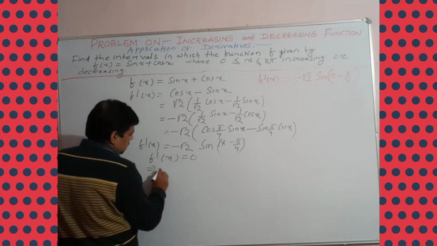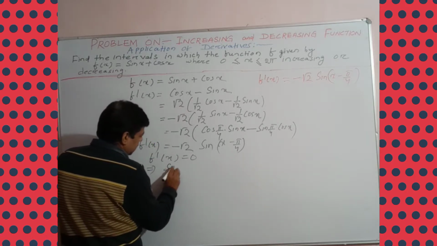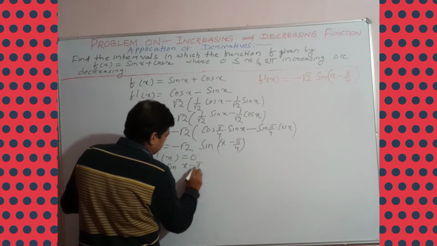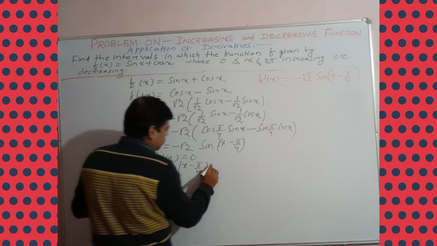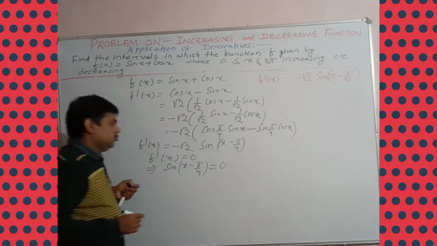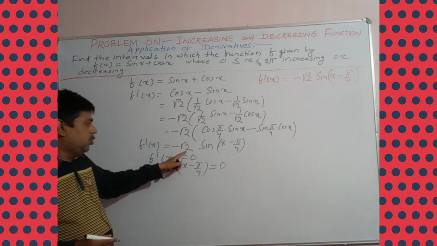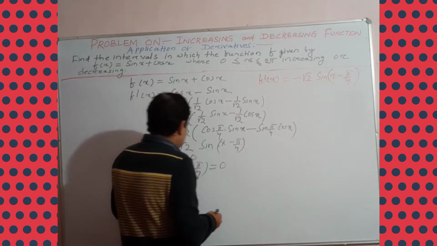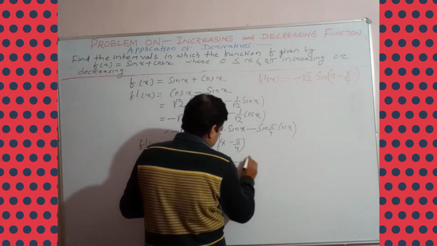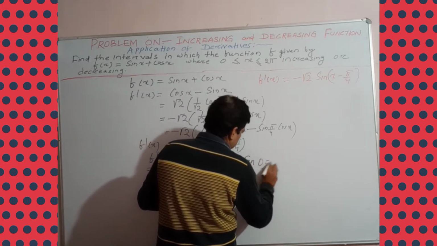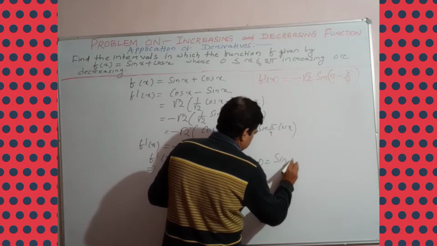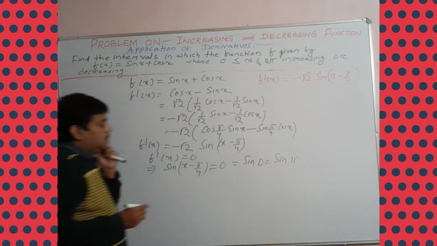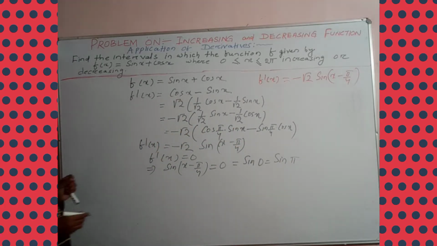It means sin(x − π/4) = 0, because minus root 2 is transposed. Now 0 means what? All of you know sin 0 is equal to 0 and sin π is equal to 0.